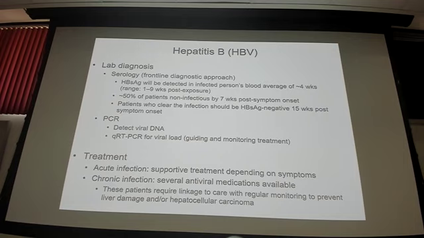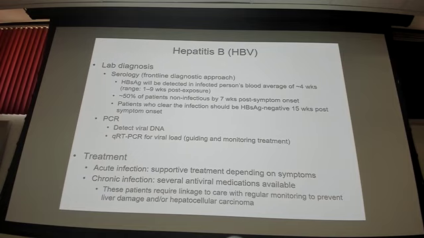For acute infections, because 90% of people do clear their virus within 6 months, treatment is usually considered adequate. But if people are still coming up positive on serology panels after 6 months, then they might have progressed to a chronic state, and then there are some specific antiviral meds available to treat those patients to prevent serious cirrhosis and liver cancer as well.